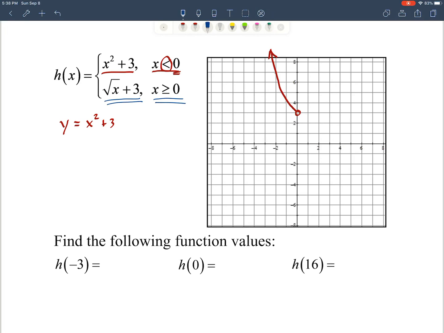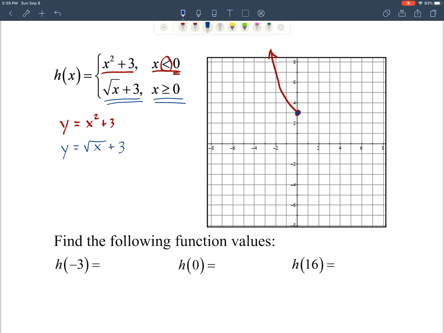For the second part of it, we're going to say y is equal to the square root of x plus 3. So this is like our square root function, but it has been shifted up 3 units. So instead of starting at 0, 0, we'd have to move up 3. So 1, 2, 3. So now we're actually on that same point. So that transition point, we'll have to fill it in. I'm filling it in blue so we can see that that's the function it's coming from.